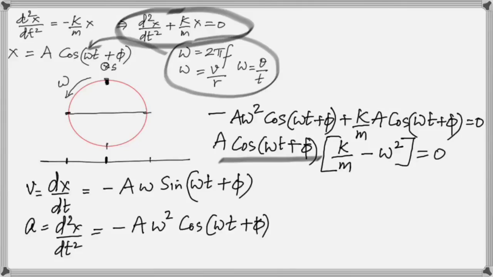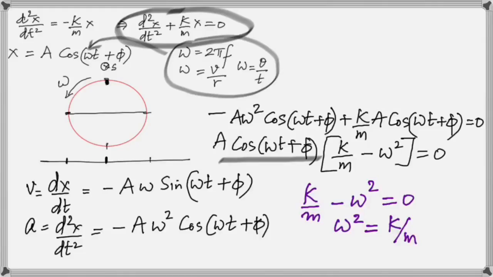So that term cannot be 0, which means k by m minus omega squared is equal to 0. Which is omega squared is k by m, which means omega is the square root of k by m.